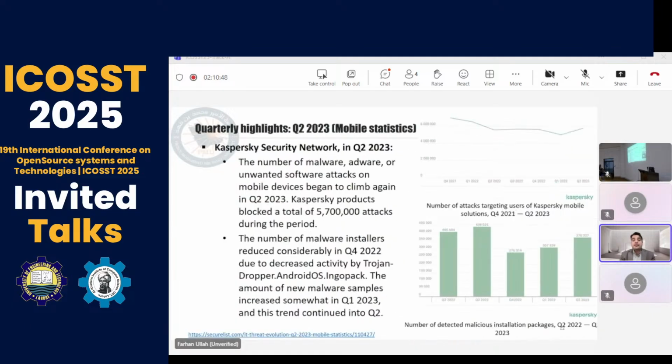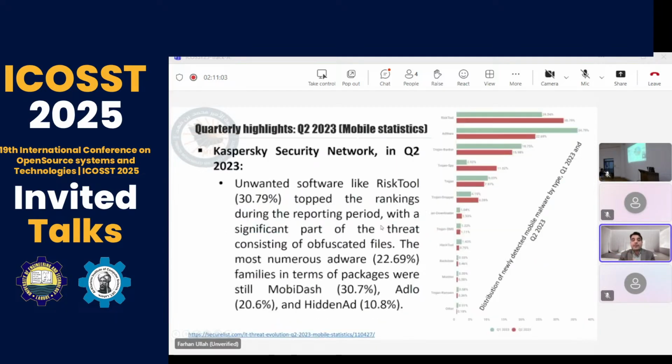Okay, this is another survey report from Kaspersky. Here we have Q2, we have 405K, then we have 438, then we have 276, then again we have an increasing trend. Okay, another survey report here, in 23 Q2. These are the names of the malware.